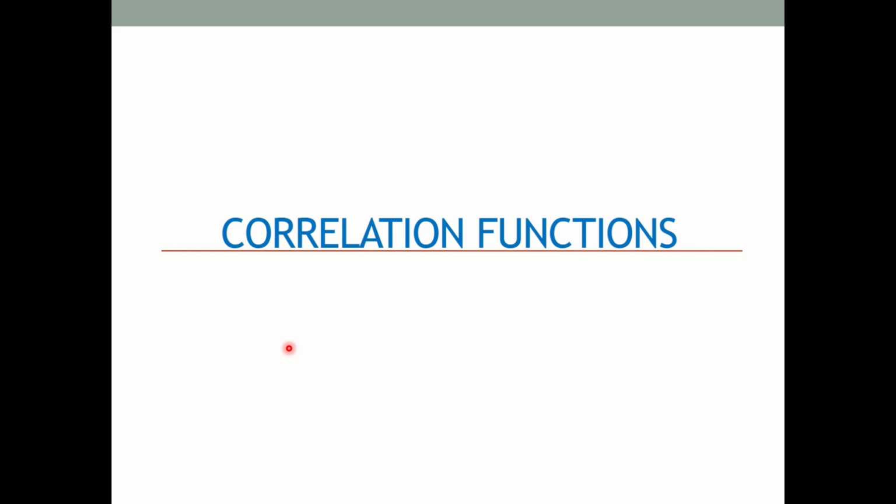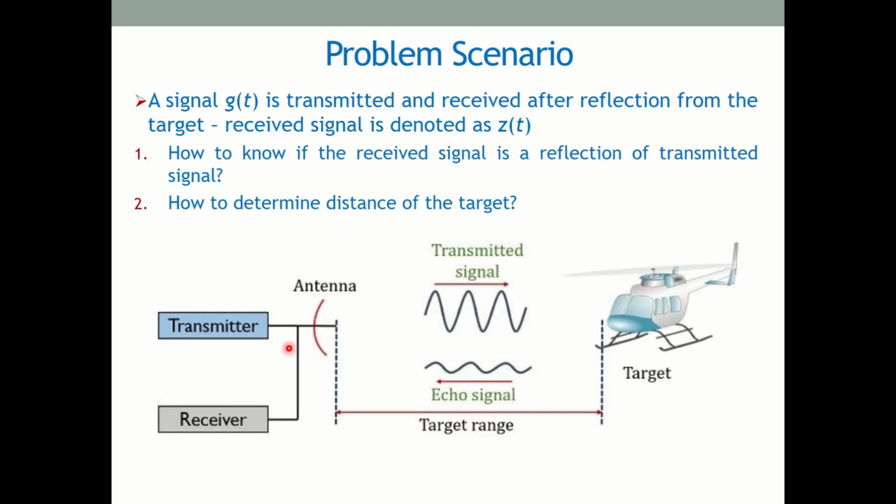So let's move ahead. The problem scenario that we have is we transmit a signal g(t) from this transmitter antenna towards a target, and then we have a received signal z(t) that is reflected from the target and received here.